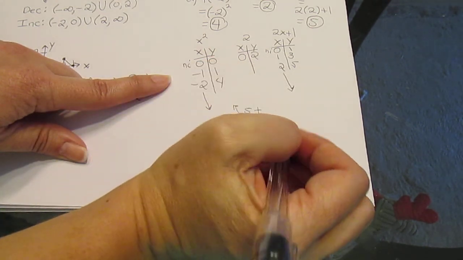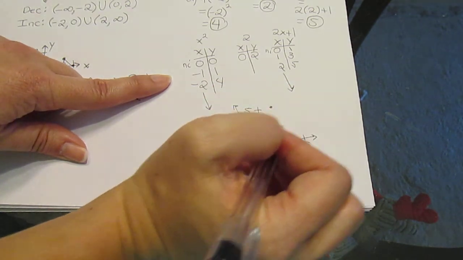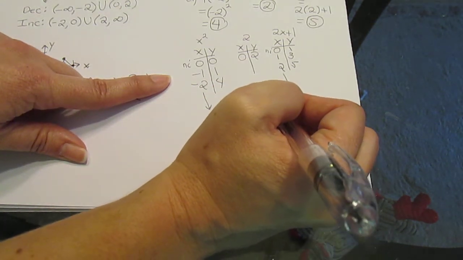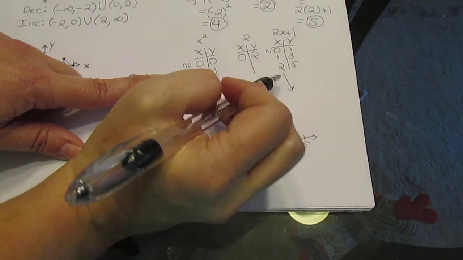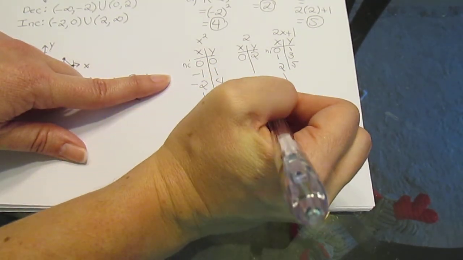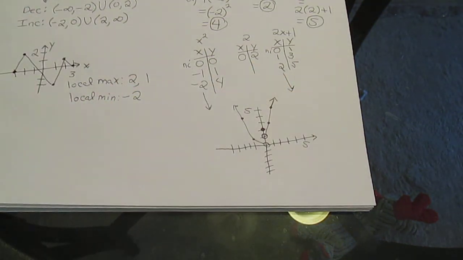And the point 2, 5. Okay, and keep track of which points were in that table. Those are the only ones you want to connect. I again drew an arrow to remind myself that this is going to keep going. And you've got your graph.